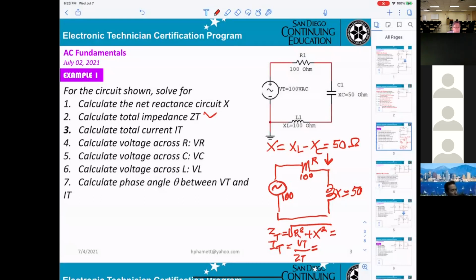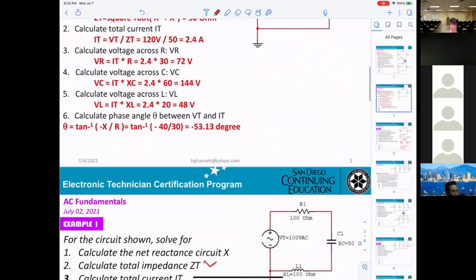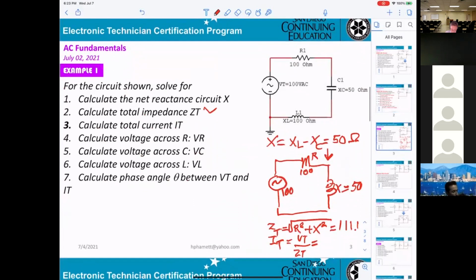What did you get? 111.8, the same thing that Luke got. Okay, 111.8. Is it right? Yeah, 111.8.